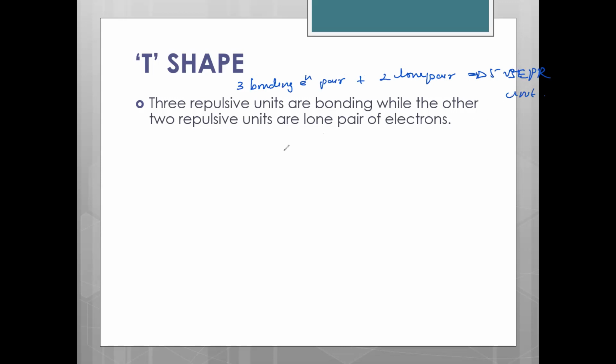So the best example is the T shape. Without speaking about the example, I will say it like that. With 3 bonding pairs, just imagine the shape of the trigonal bipyramid electron pair geometry. This is your M. We'll say this is L as a ligand.